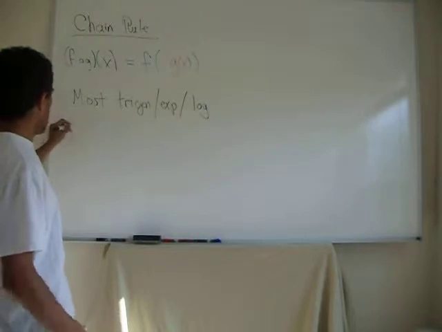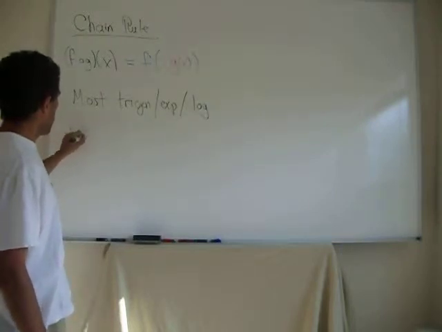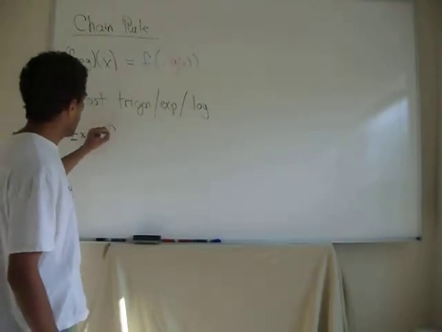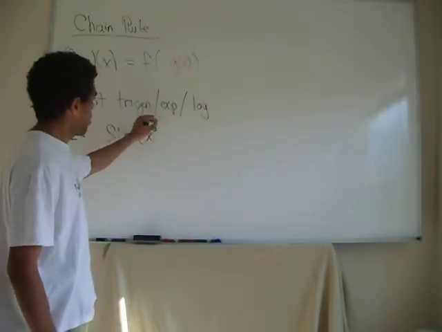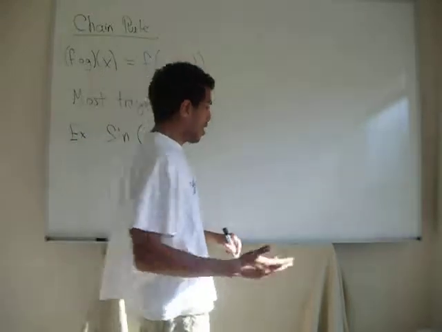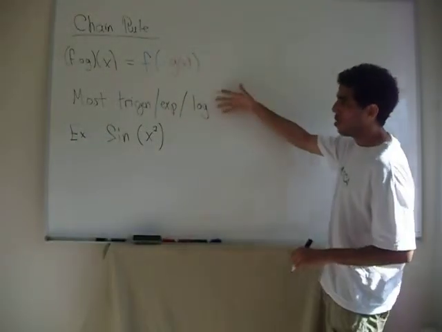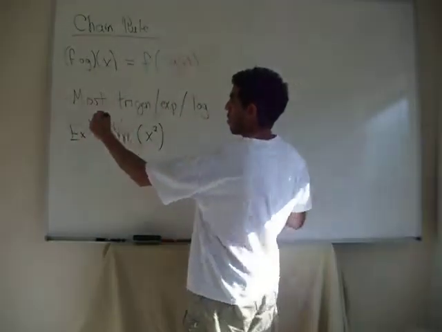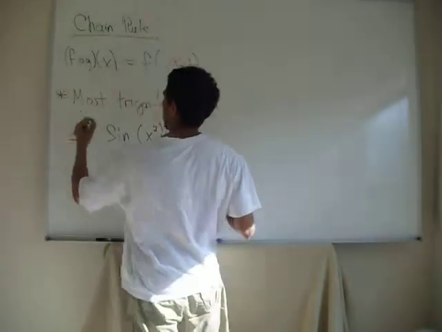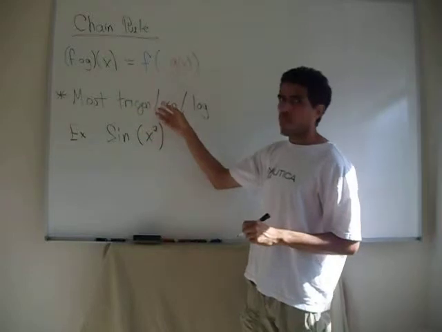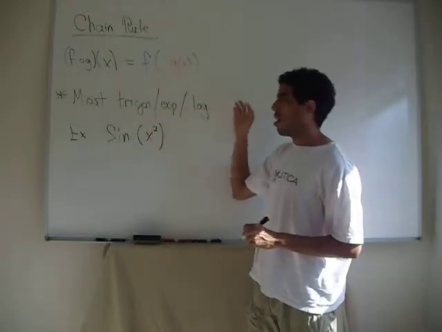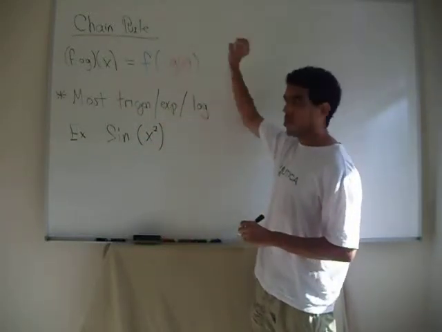So the first example I'm going to use is, say, something like sine x squared. Alright? Like I said, take a big note of this: most trigonometric, exponential, and logarithmic functions are going to feature a composition of functions.